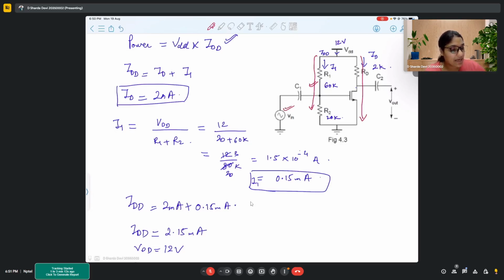If you use this particular source Vn and find the power with it, then that is your input power. But when we find it from the supply, that is VDD, it's actually the power dissipation. It talks about the power dissipation of the whole circuit, and it's definitely larger.